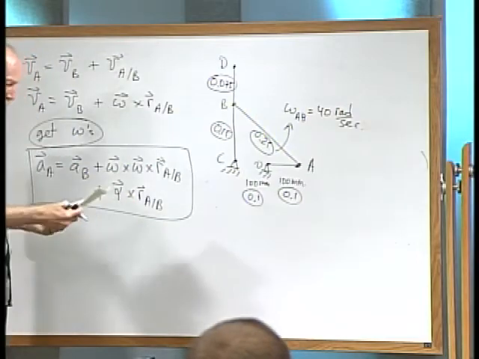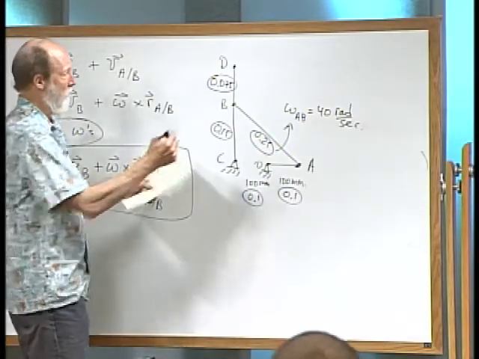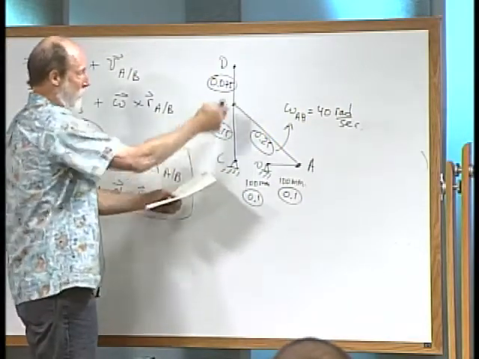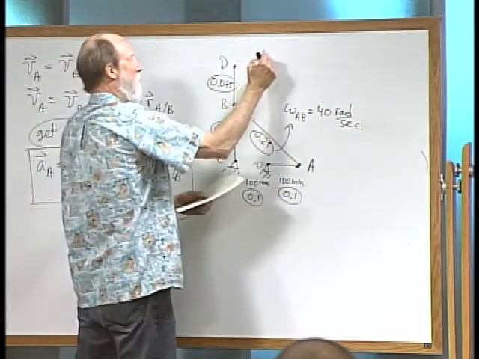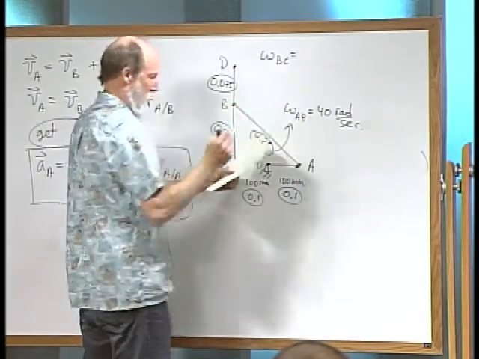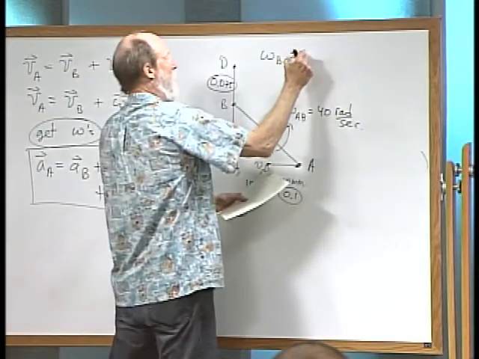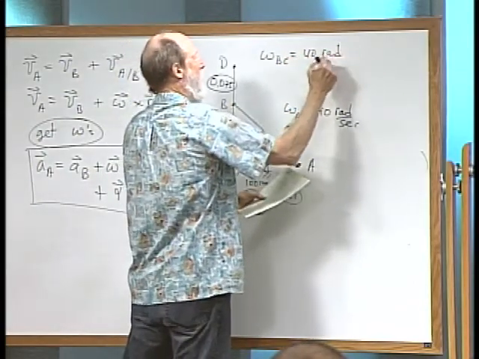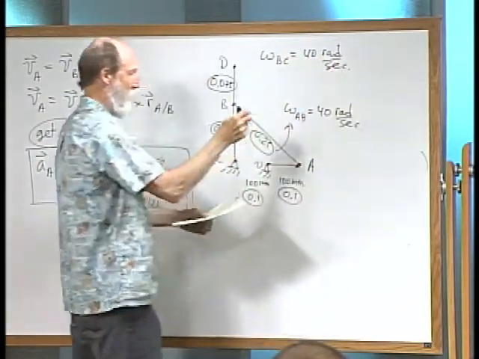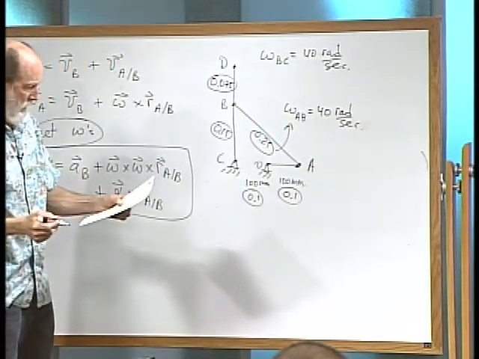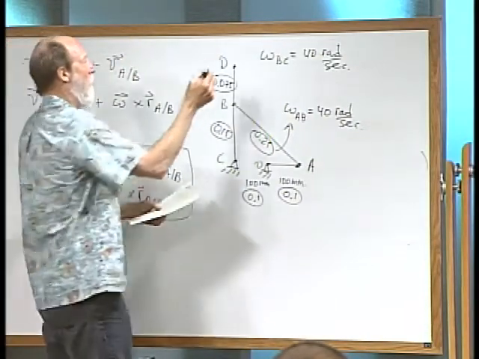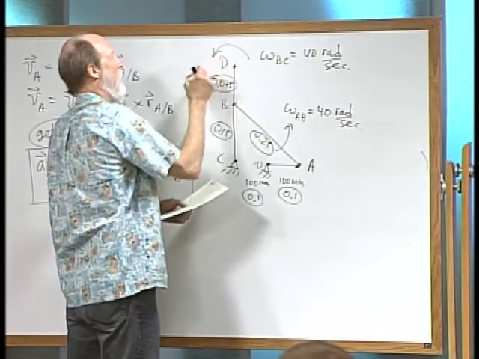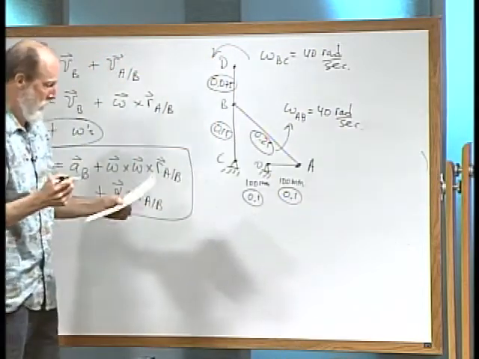When you do the velocity problem and work it out, the omega of BC turns out to be 40 radians per second also, just by coincidence of the geometry. And it's positive, so this member is rotating counterclockwise as well.